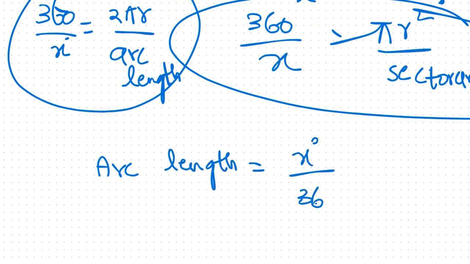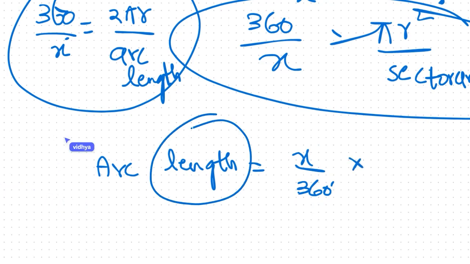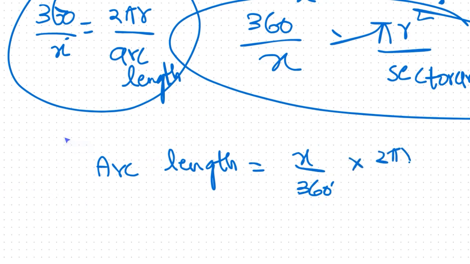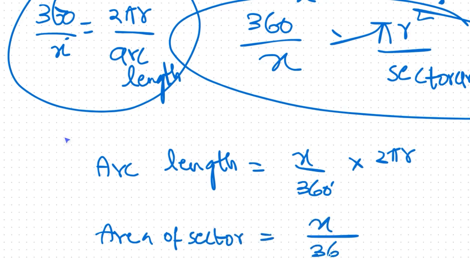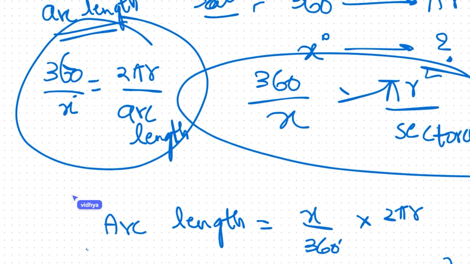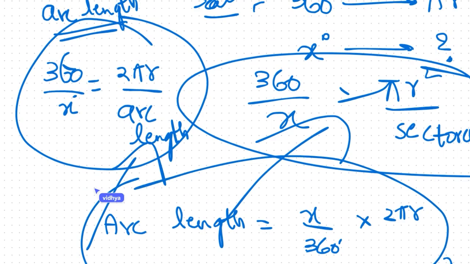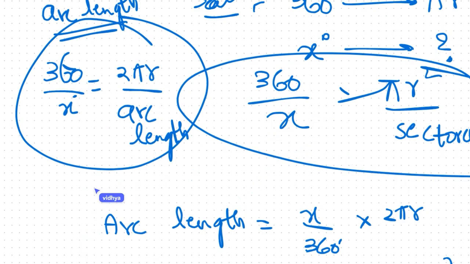Arc length is x by 360 into 2 pi r. Sector area is x by 360 into pi r squared. So whichever is fine. If you remember it like this, that is fine. If you remember it like this, that is also fine. That is about arc length and sector area.